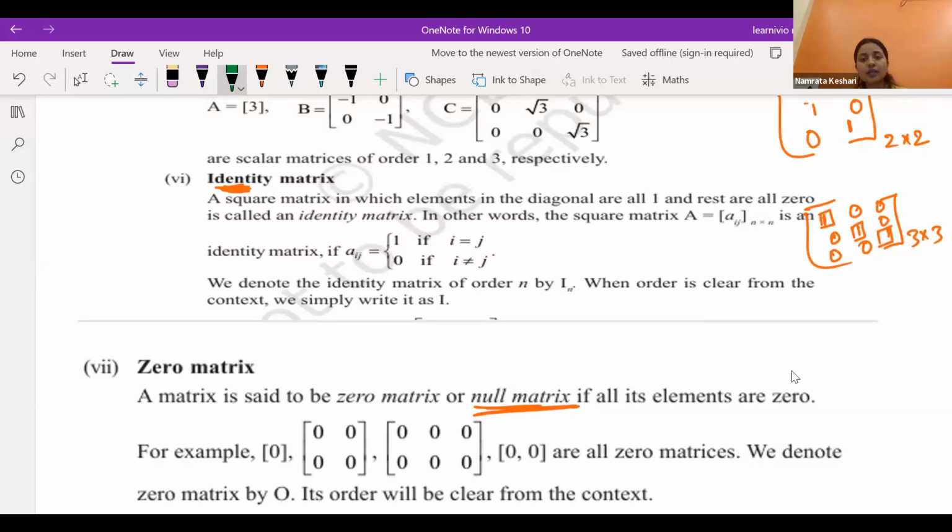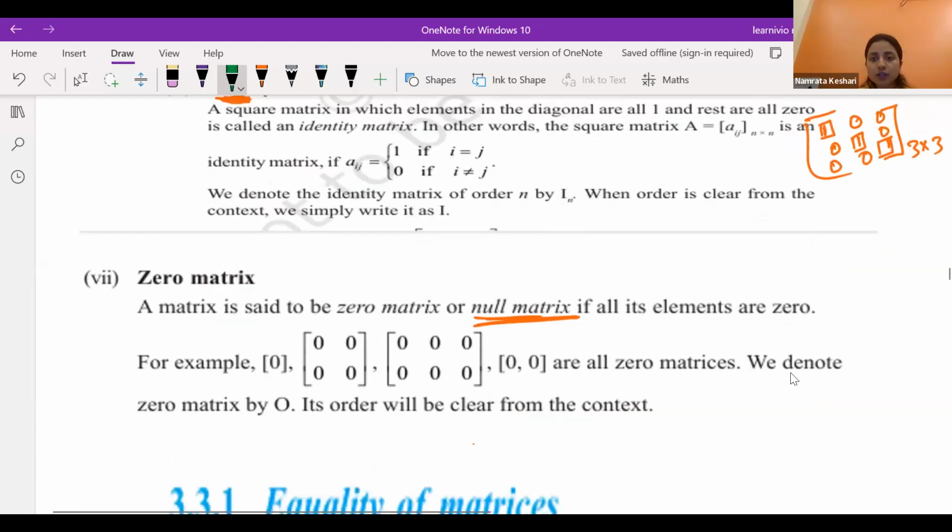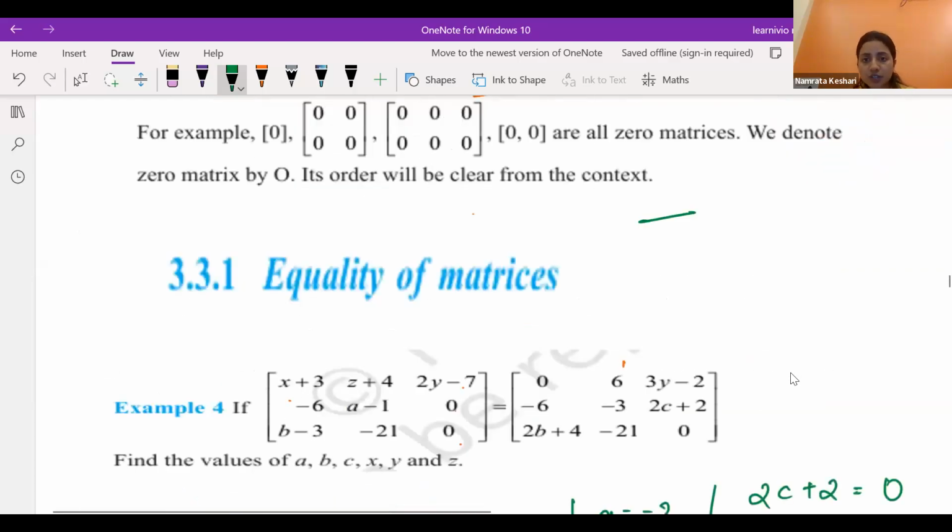You will be getting such questions in competitive exams. So I must add over here the triangular matrix: upper triangular and lower triangular.